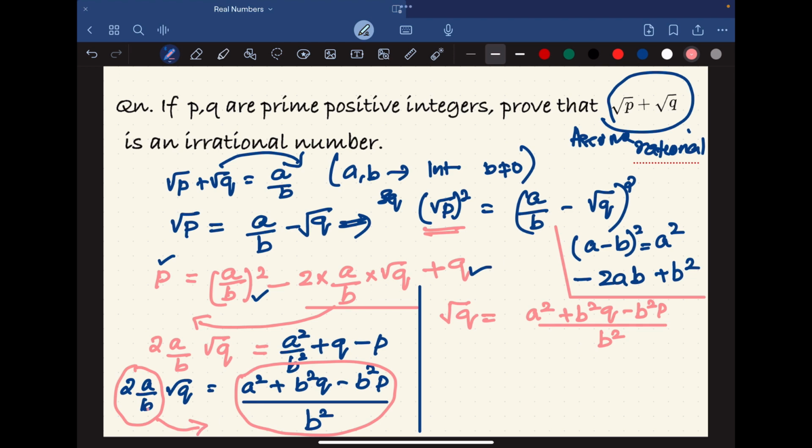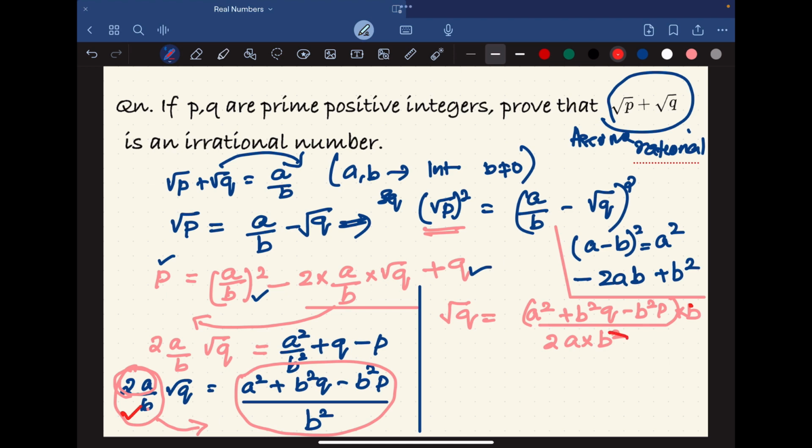Where will the denominator go? The denominator will go to the numerator, so multiplied with the b. Then 2a will go where? To the denominator. Because here it is in the numerator 2a, after the equal sign it will go to the denominator. Here b is in the denominator, so after the equal sign it will go to the numerator. That is why it is written like that.